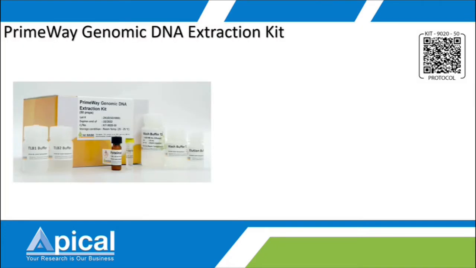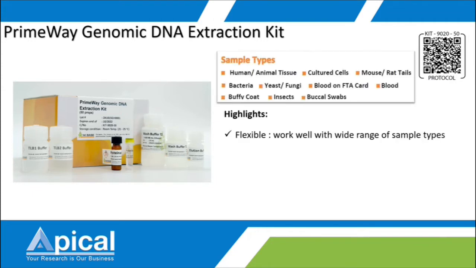Okay, so first let me share some highlights on this kit. Primeway Genomic DNA Extraction Kit is flexible and it can be used for 10 sample types, which include human or animal tissue, cultured cell, mouse or rat tails, bacteria of gram-negative and gram-positive, yeast and fungus, also blood on FTA card or whole blood or from buffy coat.